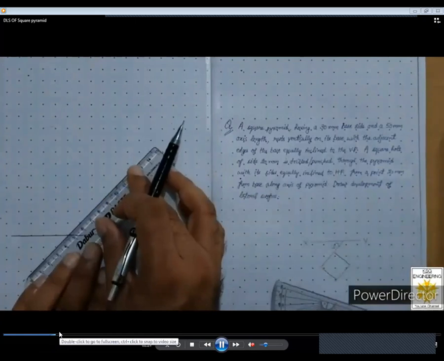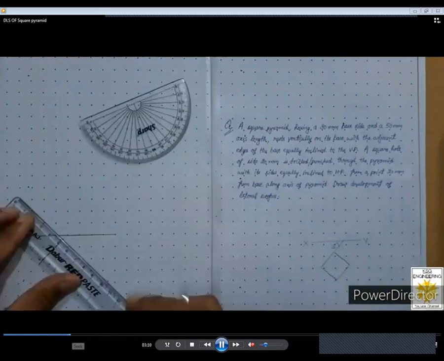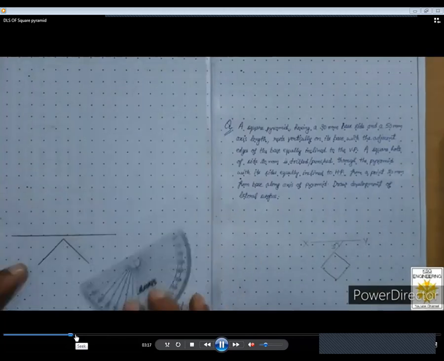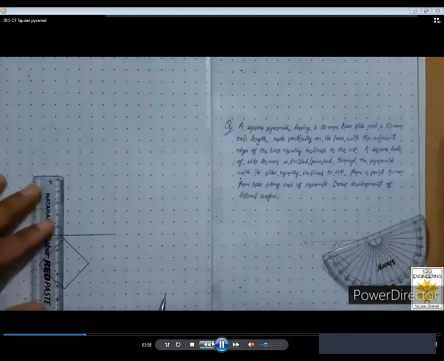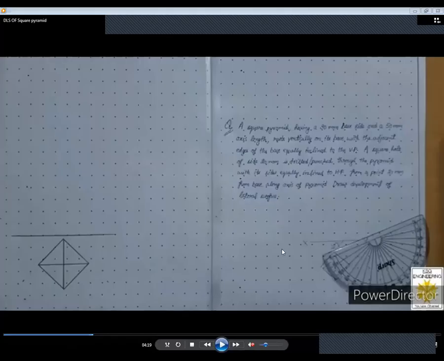It is given 30 mm, so we have to draw 30 mm each side. Square pyramid, so in top view, it will look like a square. Join it centrally. So this is the top view.